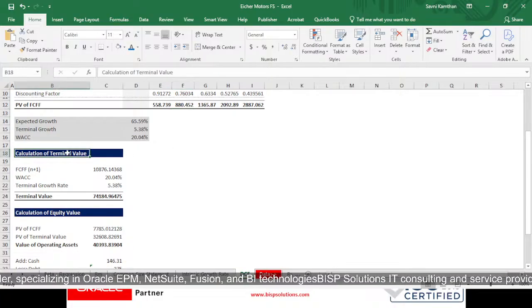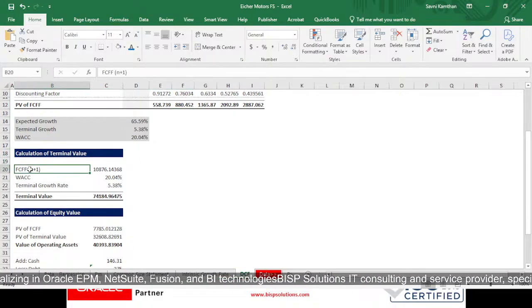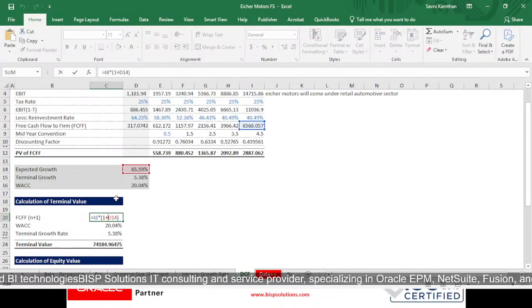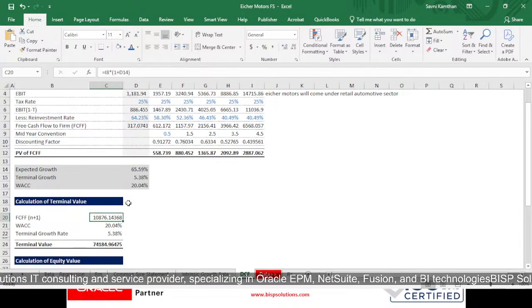After that, we have to do the calculation of terminal value. In FCFF, we will be calculating it by n plus 1. N plus 1 is the years plus 1. So for that we will be doing our free cash flow into 1 plus our expected growth rate, and it is entered as 10876.14368.